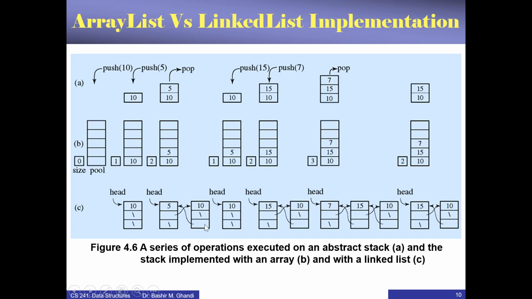So there is no waste of memory at any one time, and there is no need to copy data from one linked list to another linked list. So again, no waste of time. This is basically the comparison. This figure is from the book, figure 4.6. It shows you the relationship between implementing a stack using array list and also using linked list.